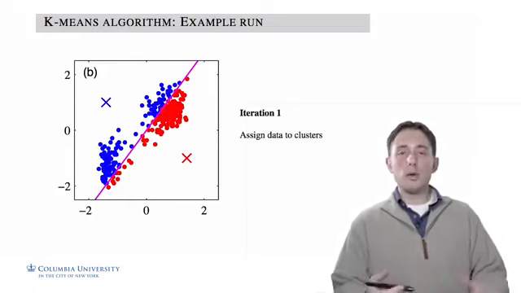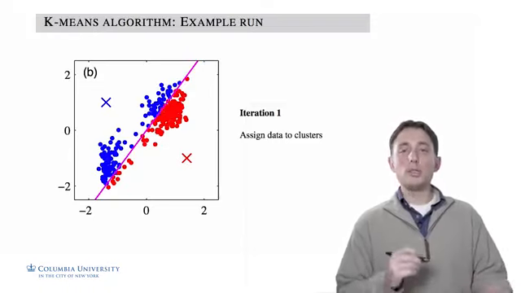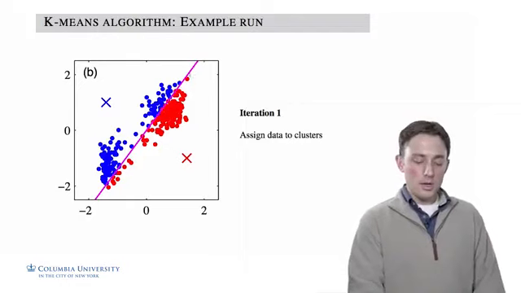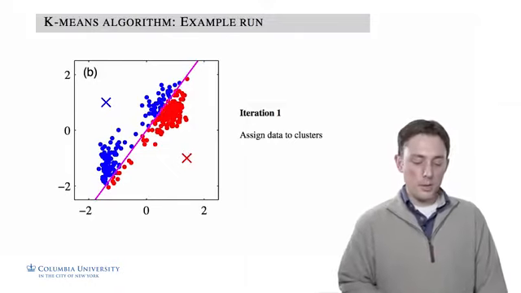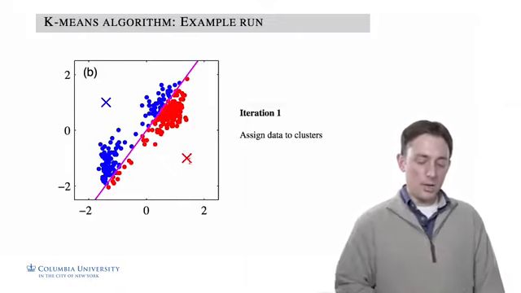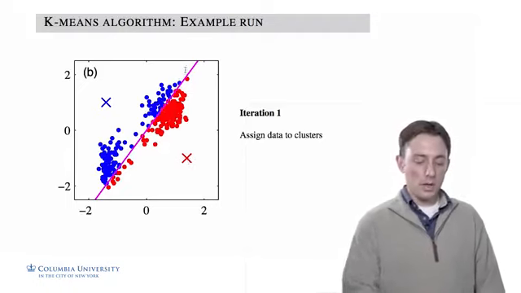The first step within the first iteration is to assign all of the data to the nearest centroid. So all of the data to the right side of this pink line is closest to this centroid, and so all of these data points are going to be assigned to the red cluster, so they're colored red.